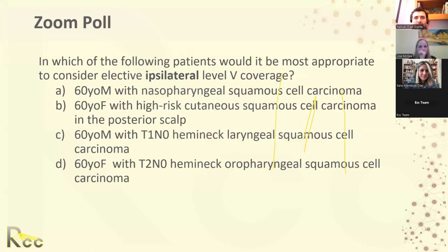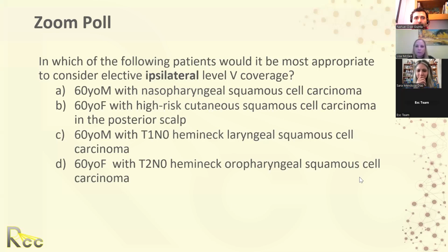B would be a 60-year-old female with high-risk cutaneous squamous cell carcinoma of the posterior scalp. C, a 60-year-old male with a T1N0 hemineck laryngeal squamous cell carcinoma, or D, a 60-year-old female with a T2N0 oropharynx squamous cell carcinoma.